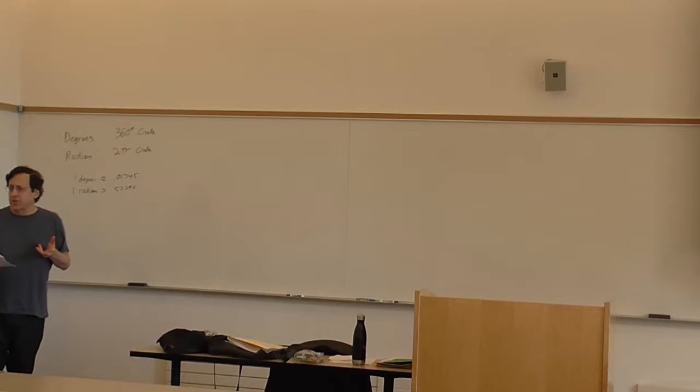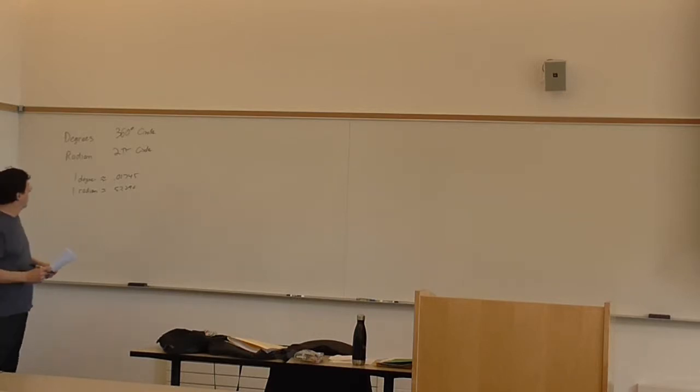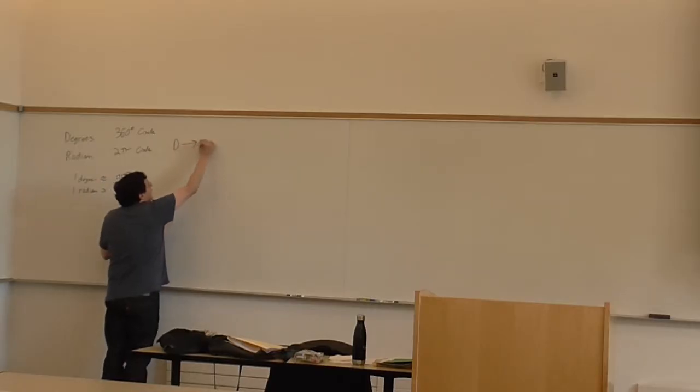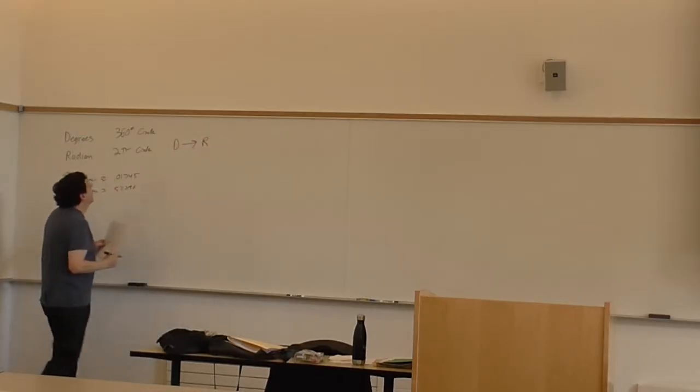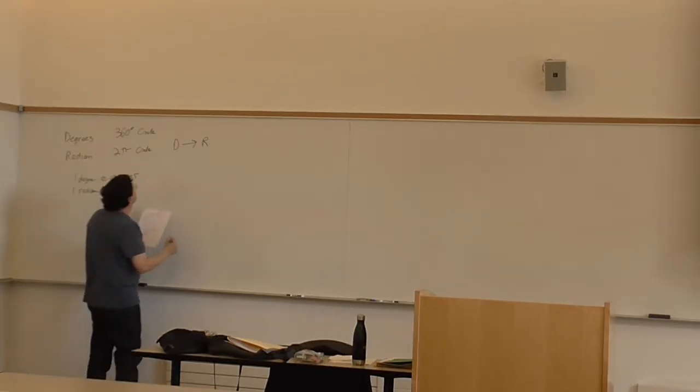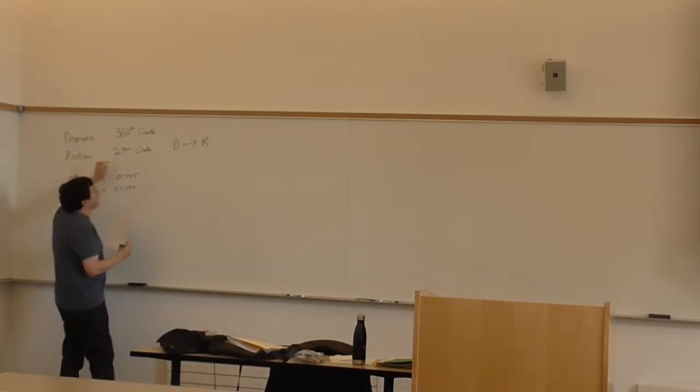We do need to be able to convert between them. So to go from degrees to radians, we multiply by a radian measure divided by degrees.